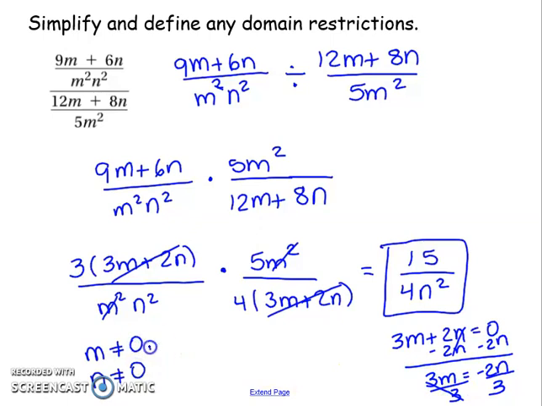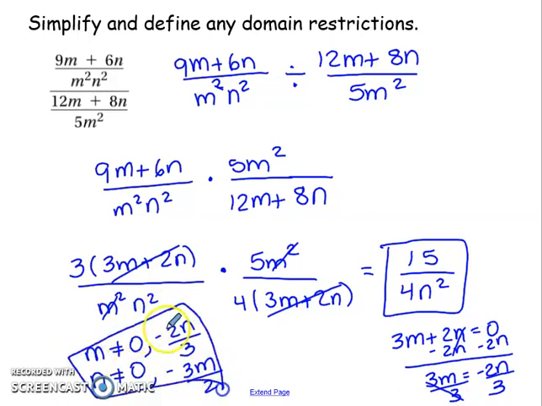So m cannot equal -2n over 3. Similarly, if I have the same setup, but I subtract 3m, and then I divide by 2, n cannot equal -3m over 2. So these would be my restrictions.